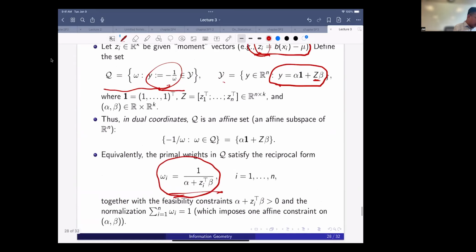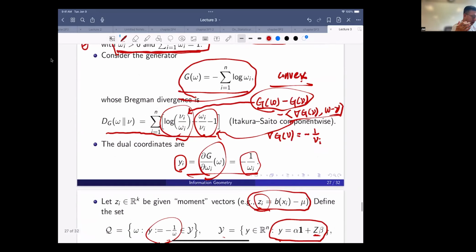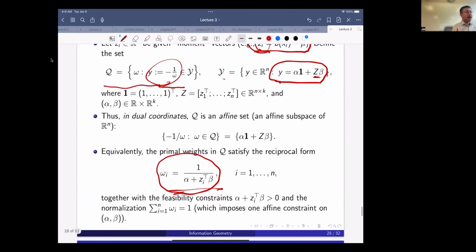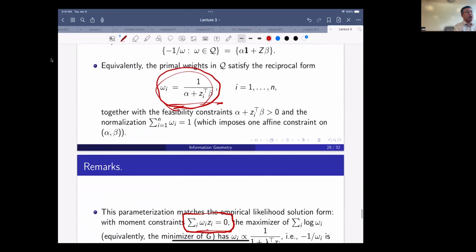When we work in the abstract, generally it's more difficult, but when you have a concrete example, then it's more clear what you mean by dual coordinate system and affine. So this is actually the parametric form of the weight function, right? And that weight function is an affine linear function of the sufficient statistic, in terms of the dual transformation.